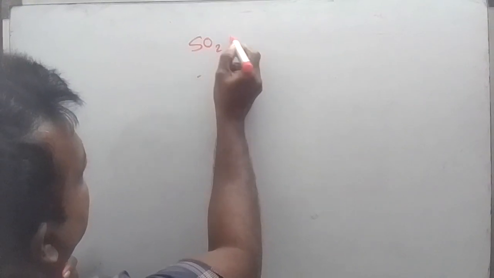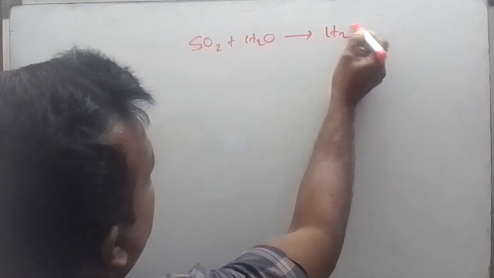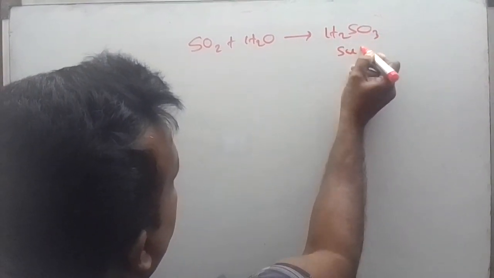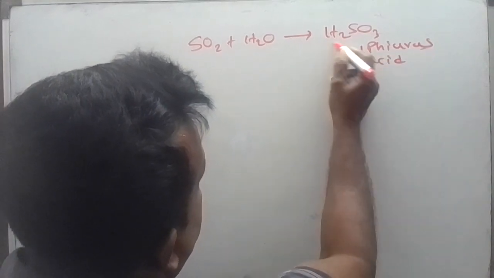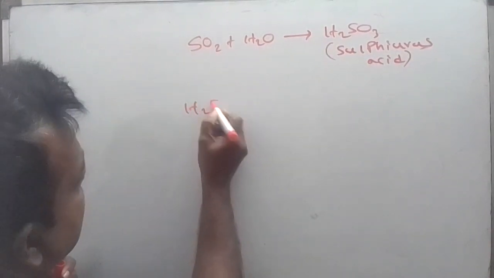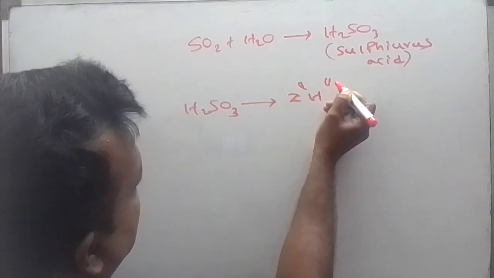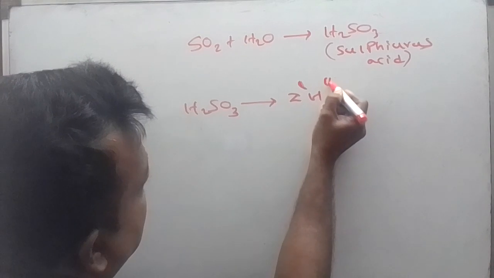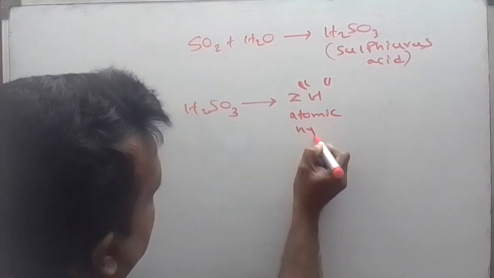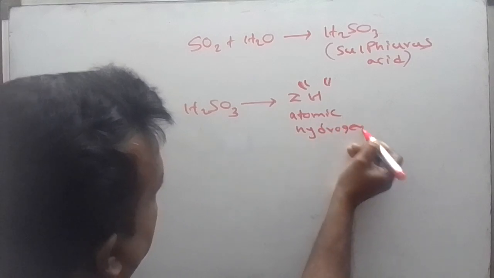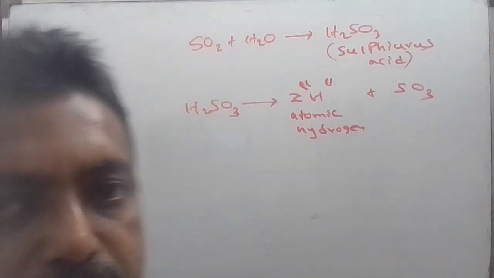How does it happen? Initially, sulfur dioxide reacts with water in the moisture to produce H2SO3. This is sulfurous acid, the trivial name. The sulfurous acid dissociates to atomic hydrogen, these brackets correspond to atomic hydrogen, and sulfur trioxide gas. Right?